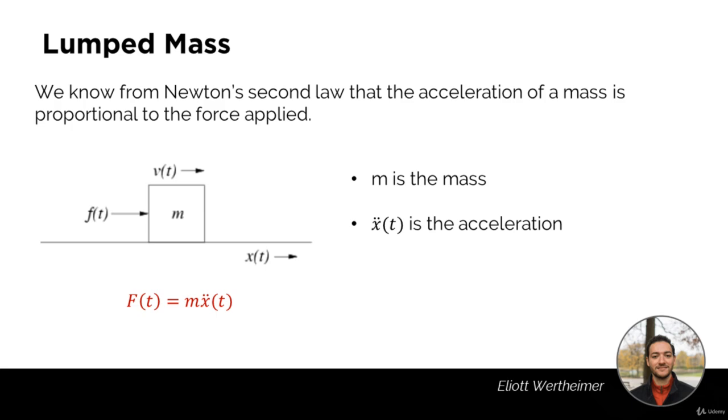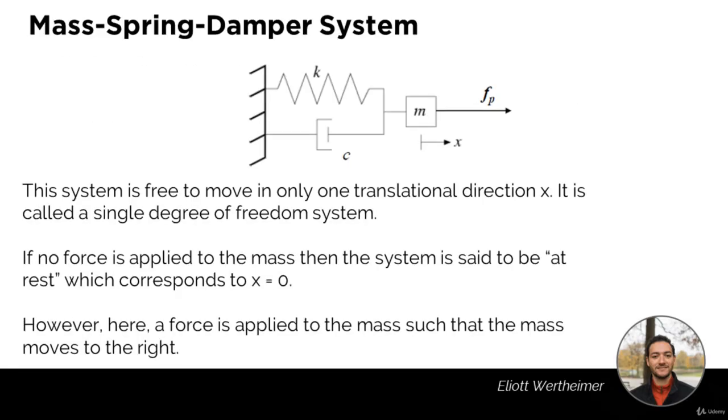So Ft equals m multiplied by the second derivative of displacement with respect to time. Again, the second derivative of the displacement is the acceleration, simply because the derivative of a displacement is a velocity, and the derivative of a velocity is an acceleration.